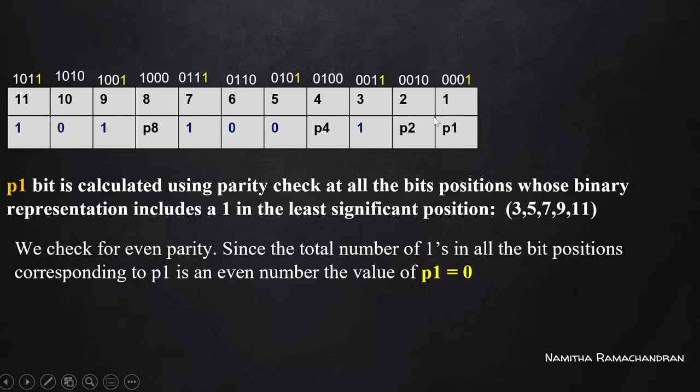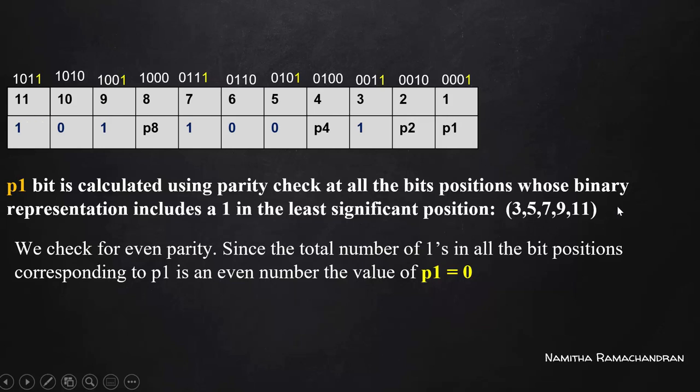If this particular position holds a value equal to 1, it is because the number of ones present at these locations is equal to an odd number. In that case, in order to make this an even number, we can set a value 1 here.